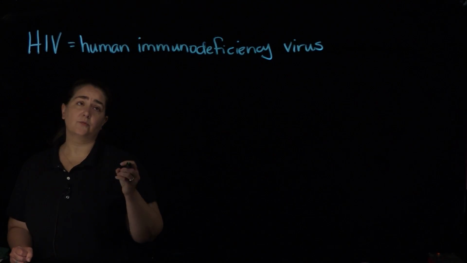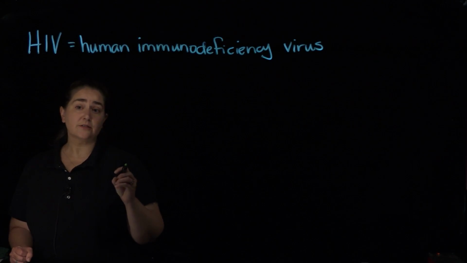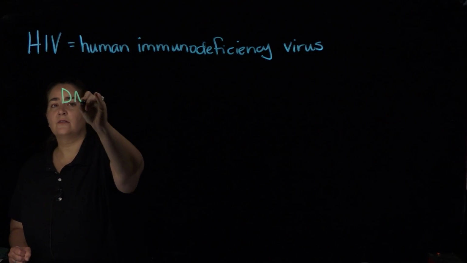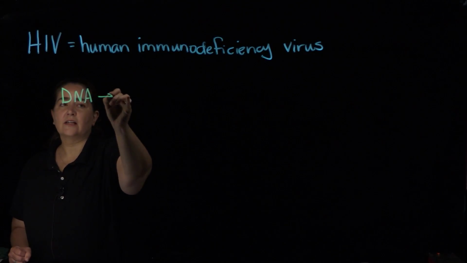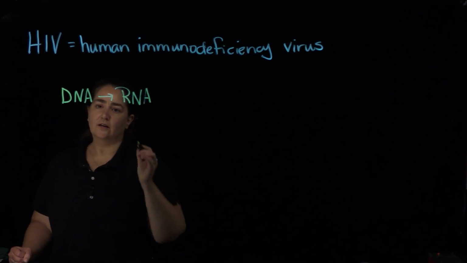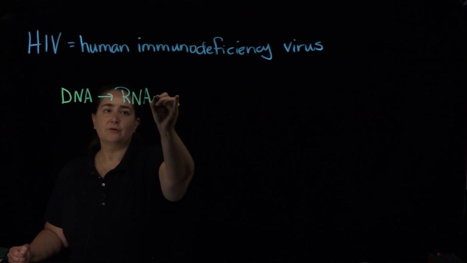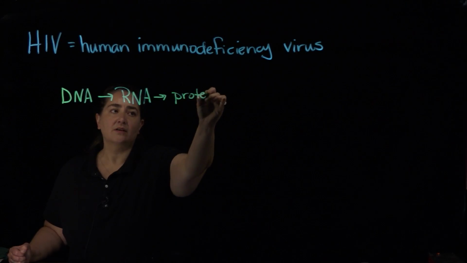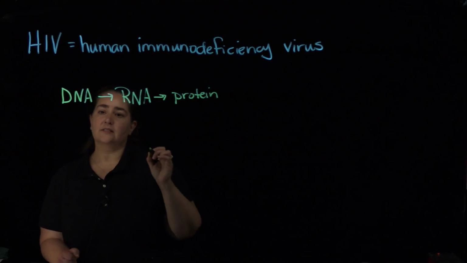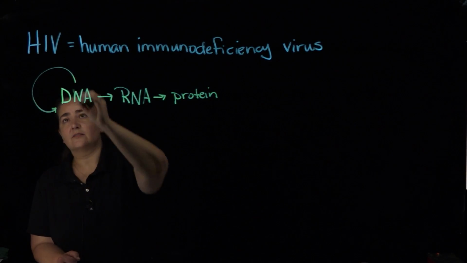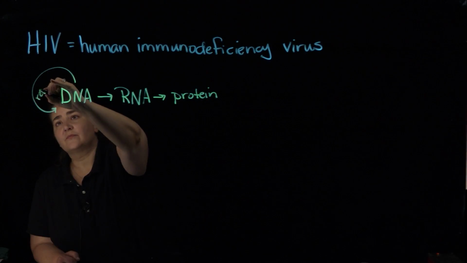HIV stands for the human immunodeficiency virus, and this is what really allowed us as scientists to alter our central dogma when we're talking about the flow of genetic information within a cell. Viruses don't necessarily behave the way our eukaryotic cells do, okay?